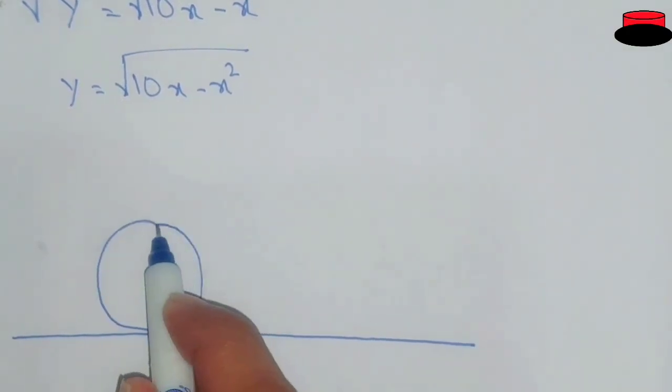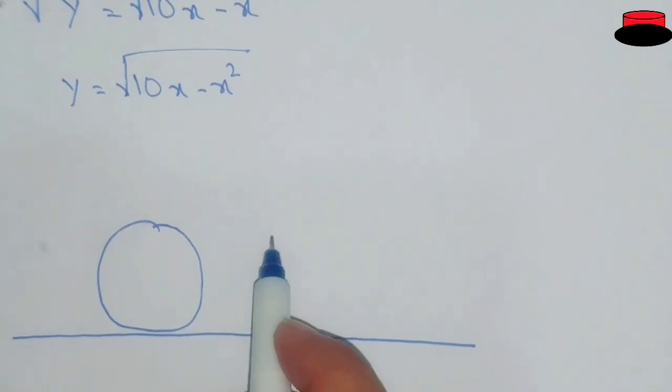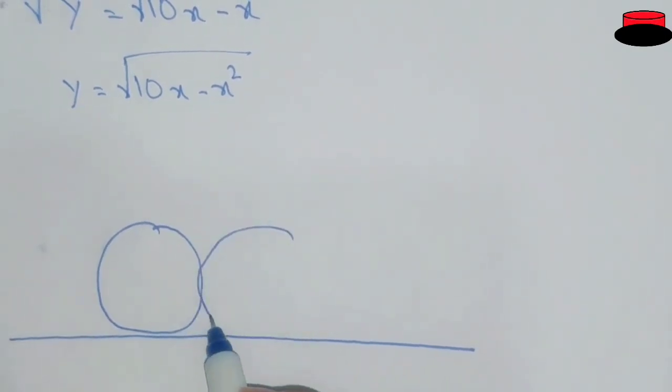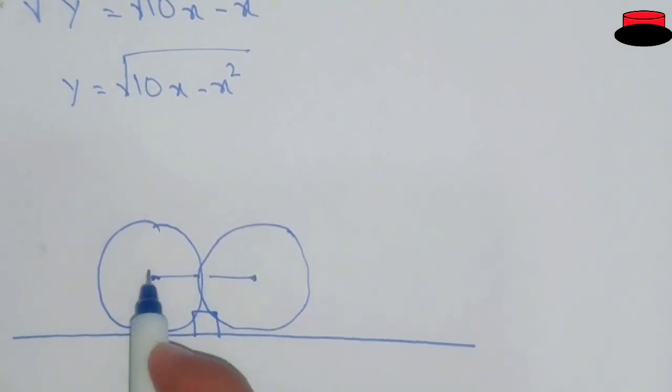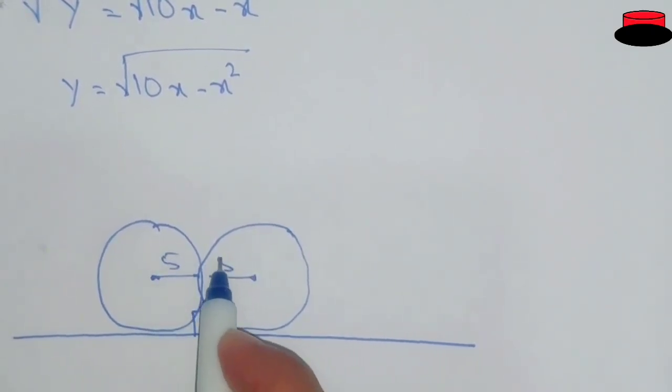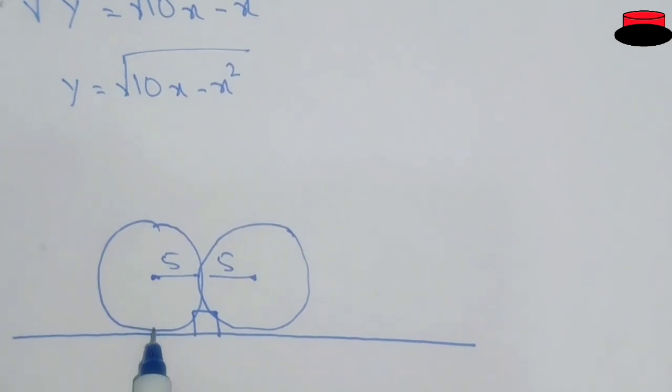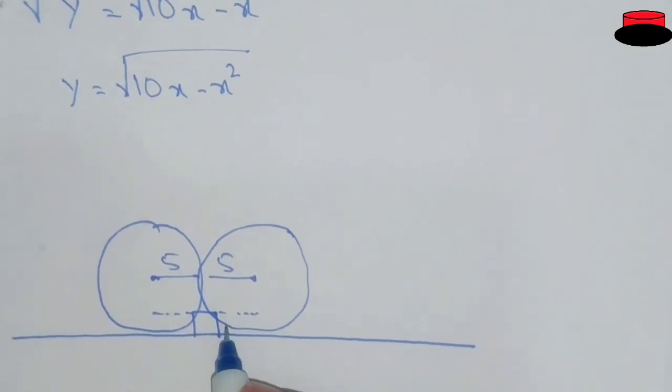Now let's draw this figure again, once again the same figure. So this is the circle and this is another circle, the square, and this is the center. So 5 meters here, 5 meter radius, and 5 meter radius over here. So this is the line parallel to that, so it will be y.